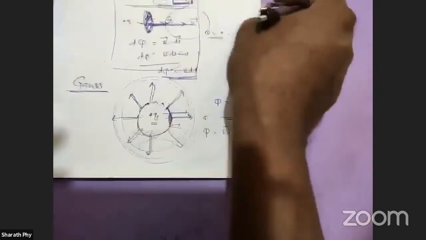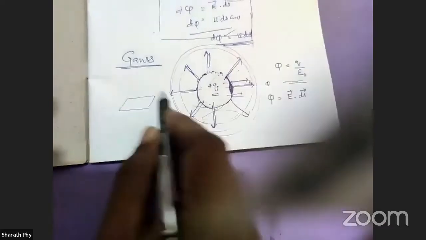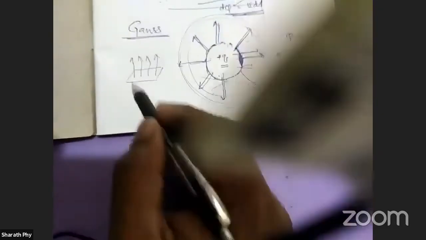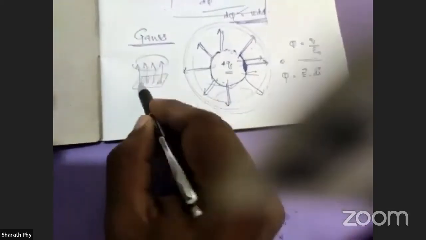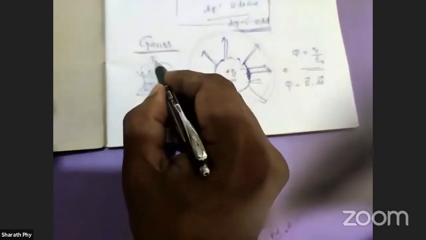Here the point is how to calculate the total flux. If the surface is like this, we call it an open surface. Here all the electric field lines are coming out. So this is the area, and the number of electric field lines coming normally from an area gives the flux. This is an open area. How to calculate the flux for the open area?